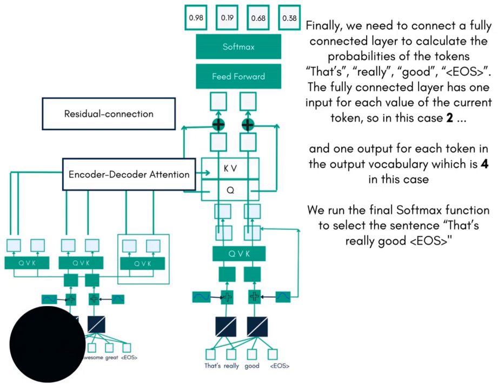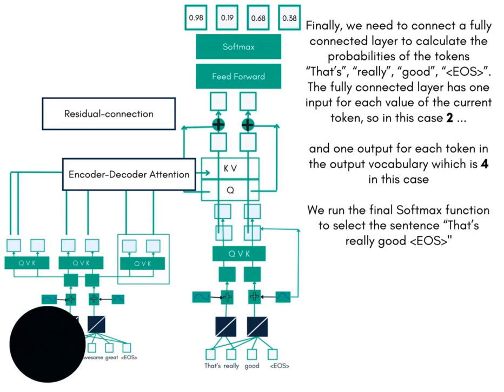So finally, after we get the attention scores from the encoder-decoder attention, we pass them to a feed forward network, and we get the softmax, which will give us probability values, based on which we can construct the output, right? So finally, we need to connect a fully connected layer to calculate the probabilities of the tokens. That's really good, end of sequence.